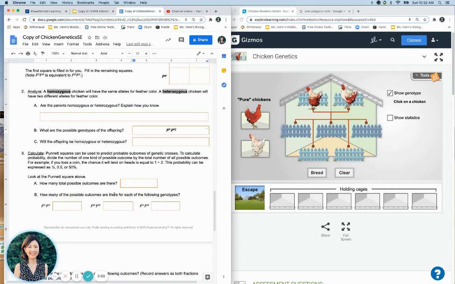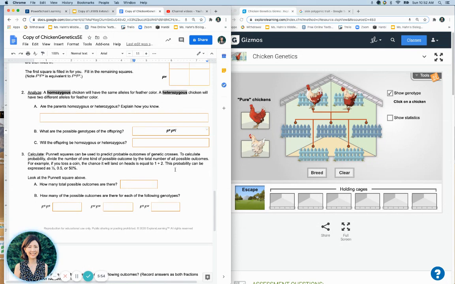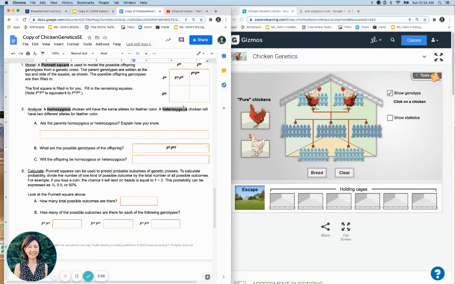Okay, now we're going to calculate. So how many possible outcomes are there? You're going to look at these 4 boxes and see how many different outcomes are there. How many different genotypes are there?